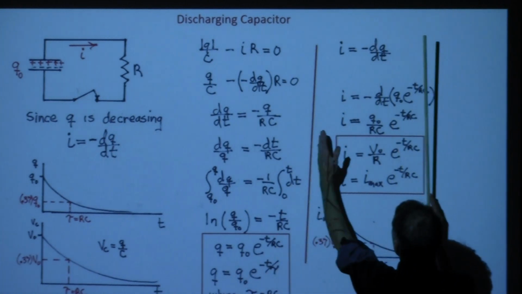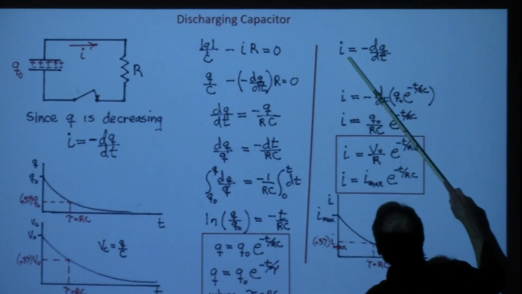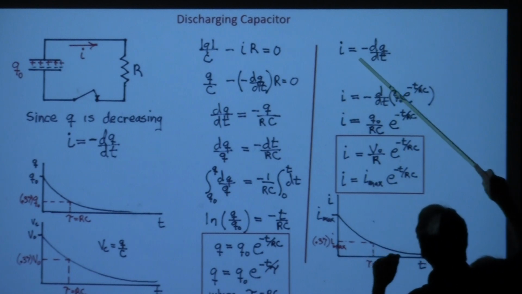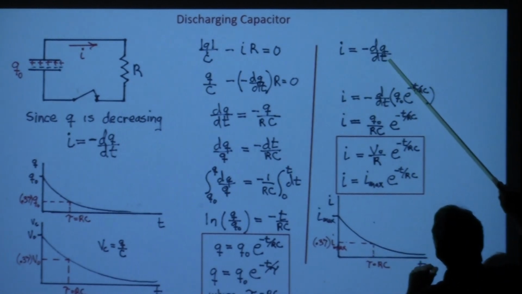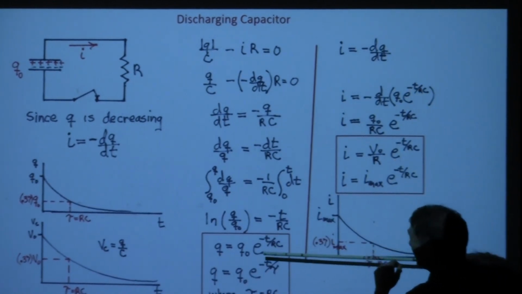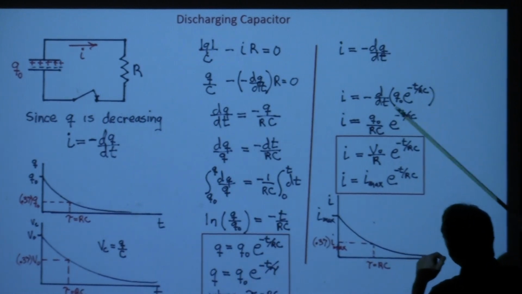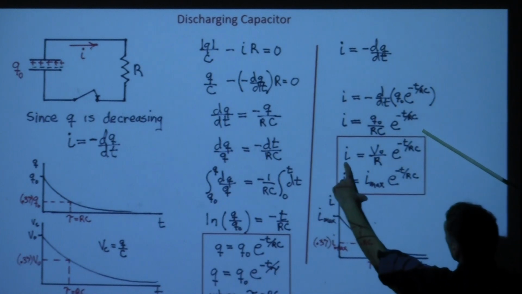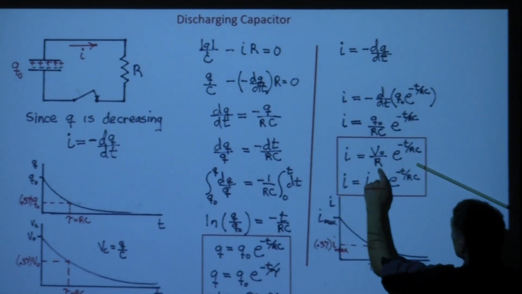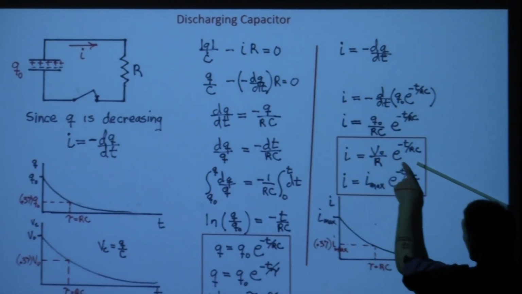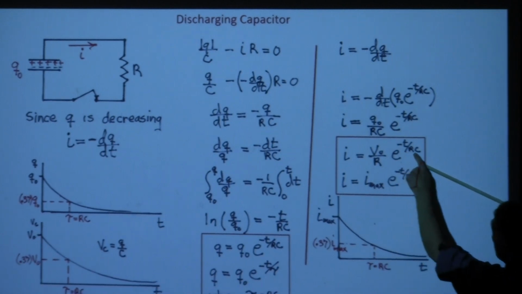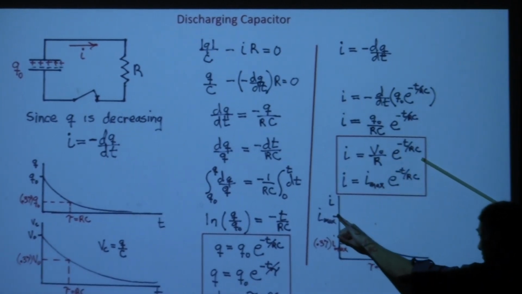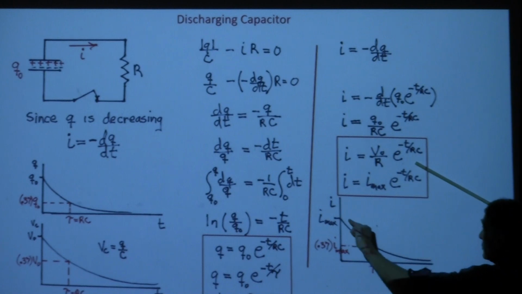Now the current over here is going to be equal to minus dQ dt. I can just take this expression and take the derivative, and we end up back here. I think this is pretty straightforward. Then the I is going to be V naught over R times e to the minus t over RC, an exponential decay.